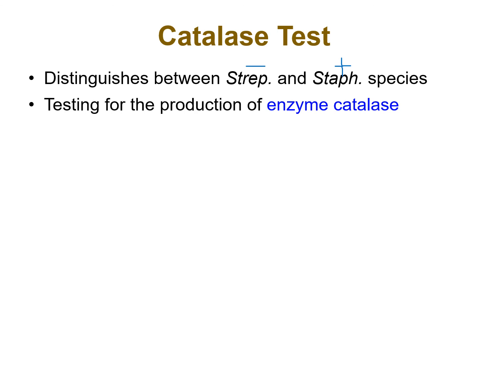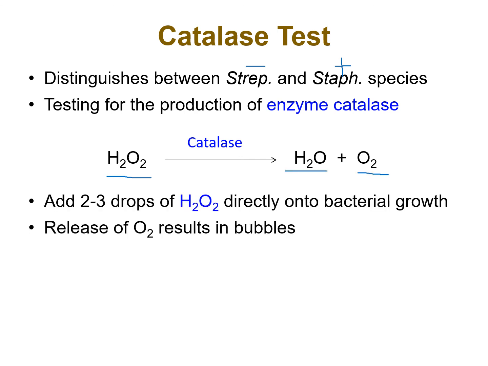It means that Streptococcus cannot produce the catalase enzyme, and Staphylococcus do produce the catalase enzyme. So that's what it means by Streptococcus negative and Staphylococcus positive. Now, catalase is an enzyme that helps break down hydrogen peroxide, H2O2, into water and oxygen gas.